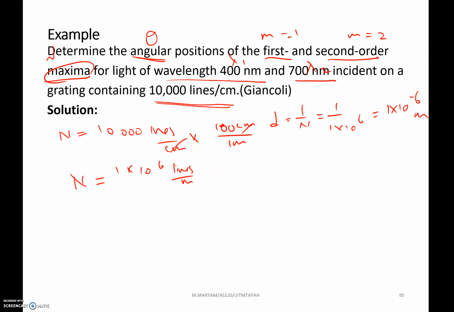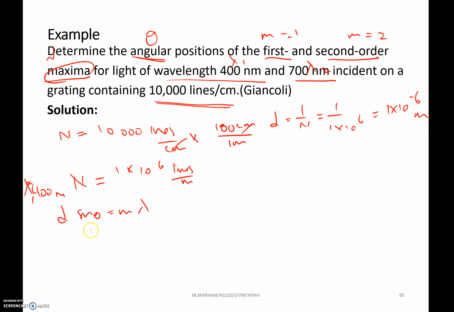Okay, so let's continue with the equation. We know for maxima or constructive interference, use d sine theta equals m lambda. Let's calculate for 400 nanometer wavelength first, your lambda 1 here.